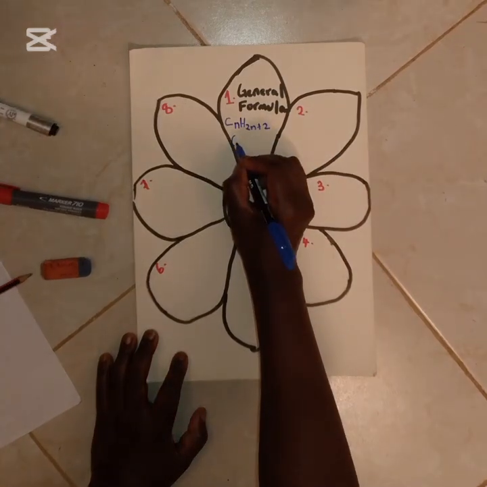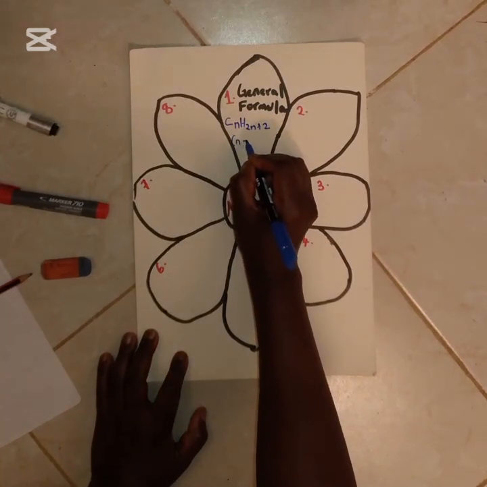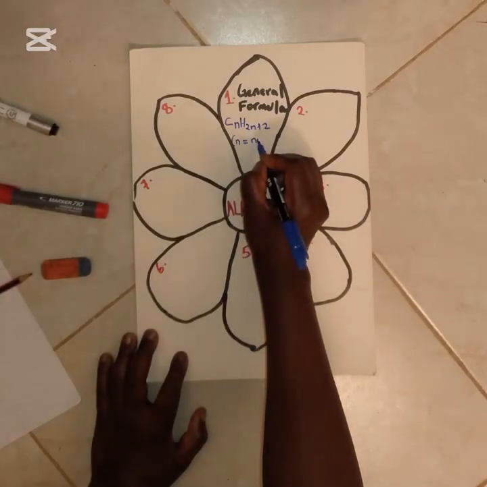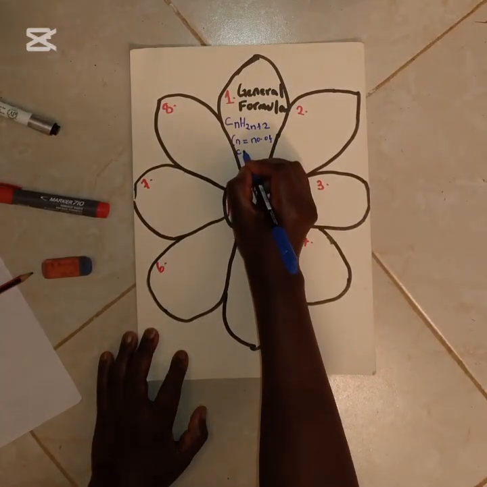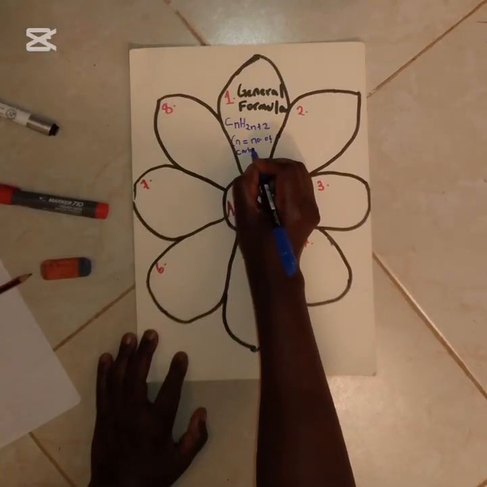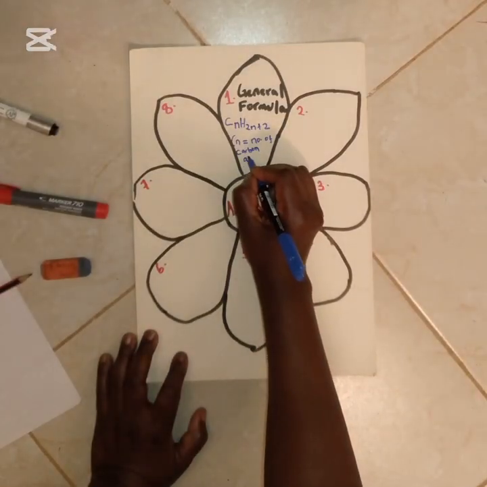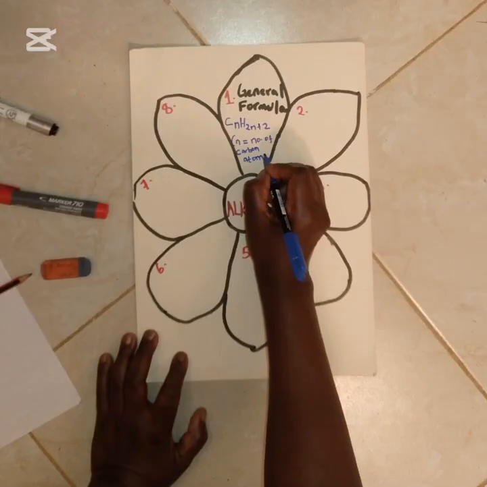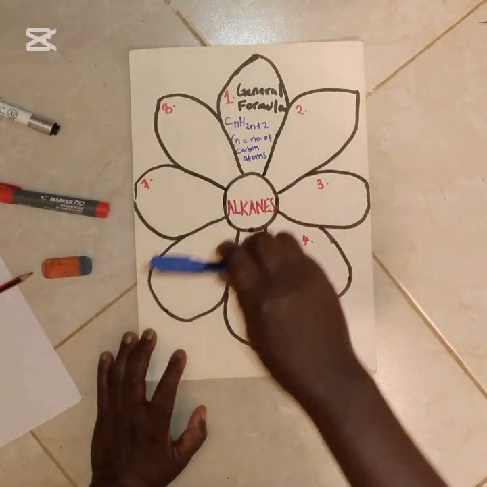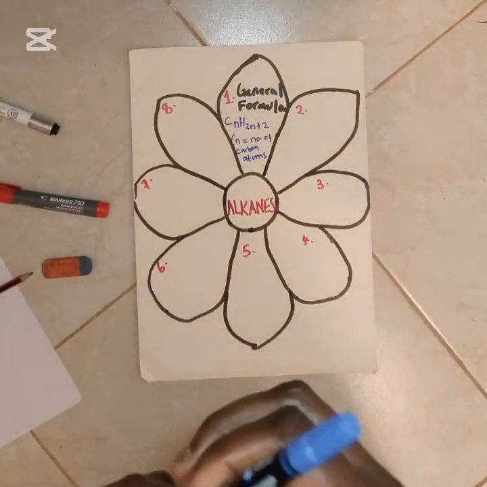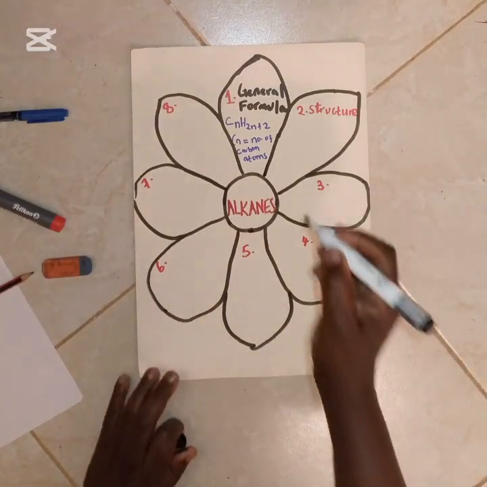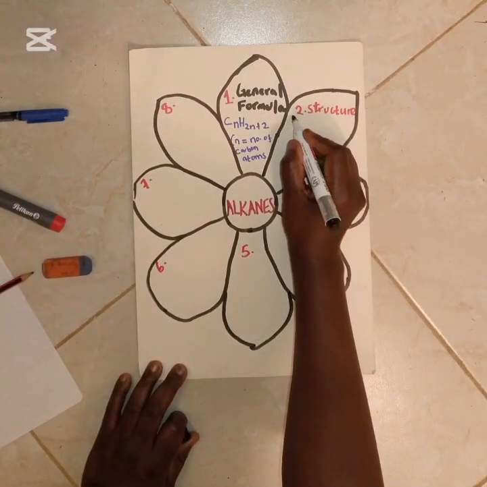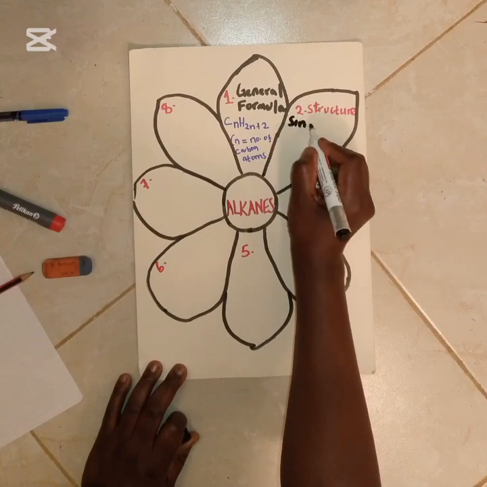Alkanes normally have a general formula of CnH2n+2, where n is the number of carbon atoms that the alkane contains. Then we move to the second petal, where we talk about the structure.